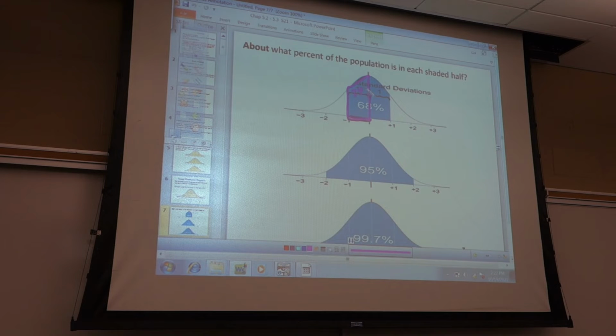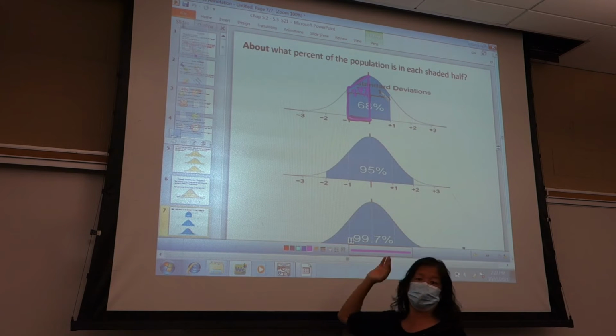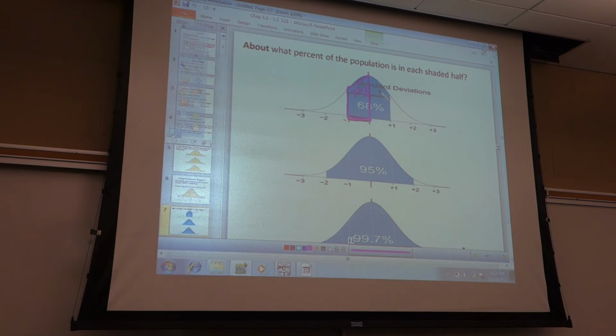Because it's just split in half. Yeah, it's 68%. We know the whole part is 68%. And because it's symmetrical, one of the things about normal distributions is that they're roughly symmetrical, each half should be 34%. Good?